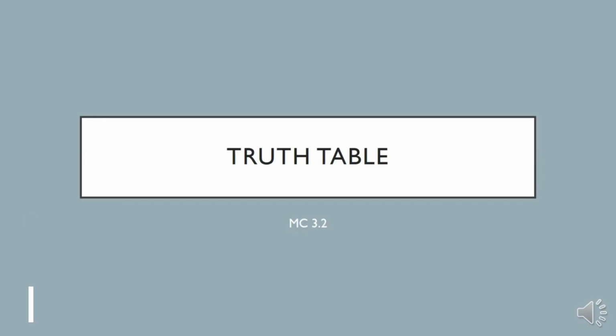A truth table is basically a table that shows the relation between the input and the output in a digital logic circuit. So in this session, we will look into more details on how to actually build a truth table for any logic circuit.